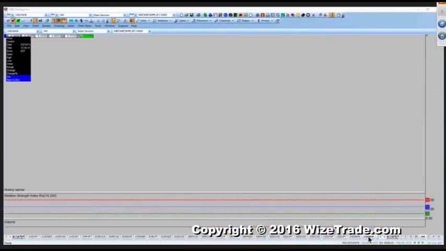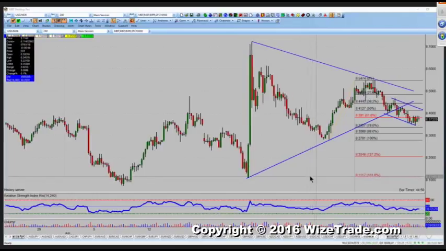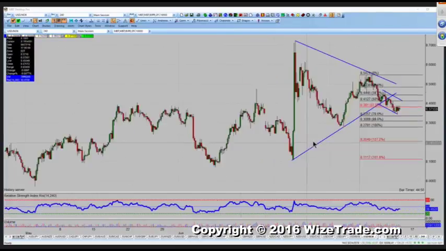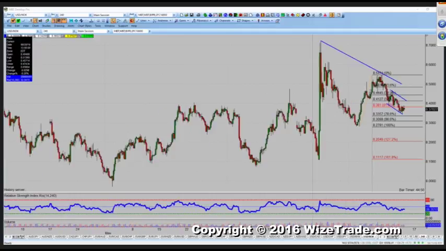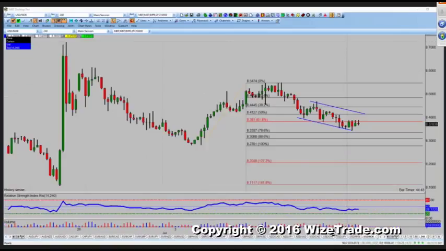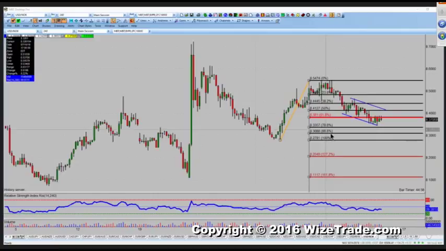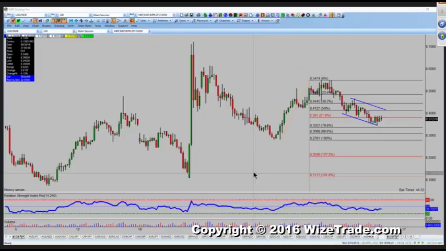US dollar Norwegian krona. I don't think there's a lot to do with the Norwegian krona right now.